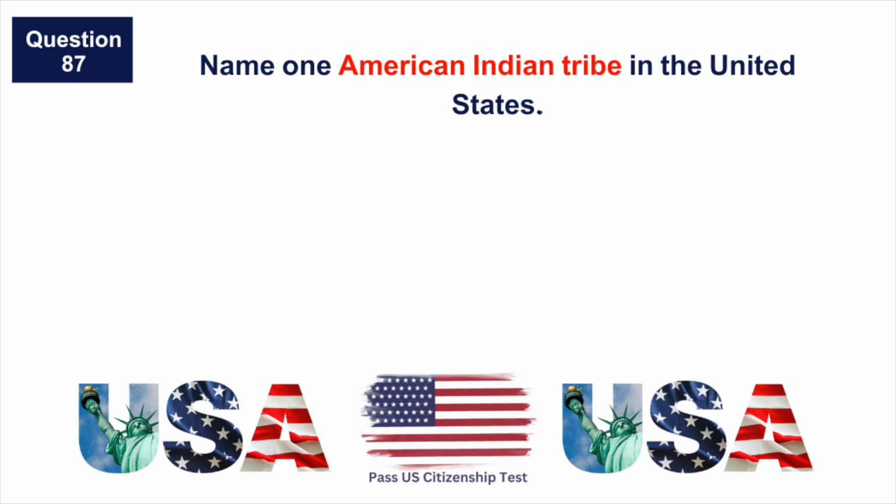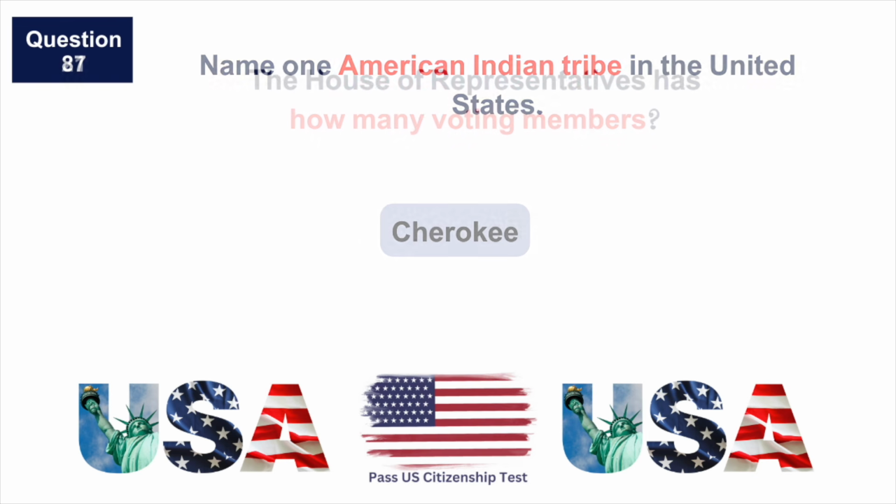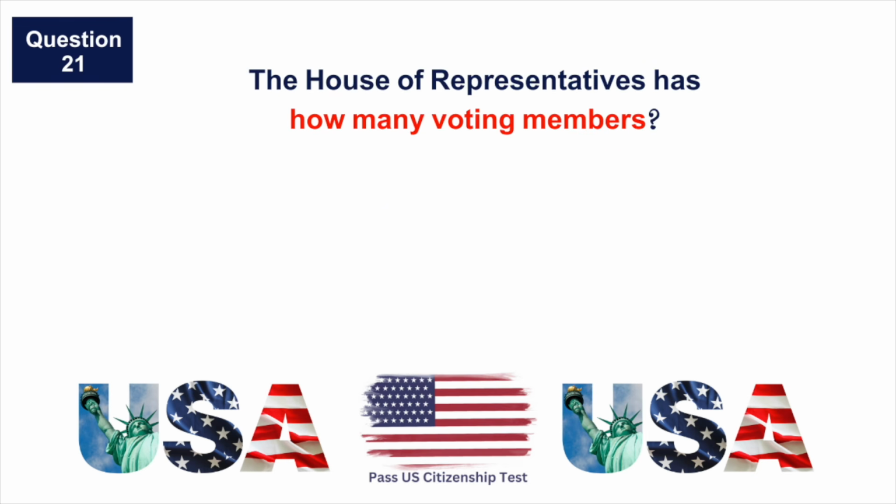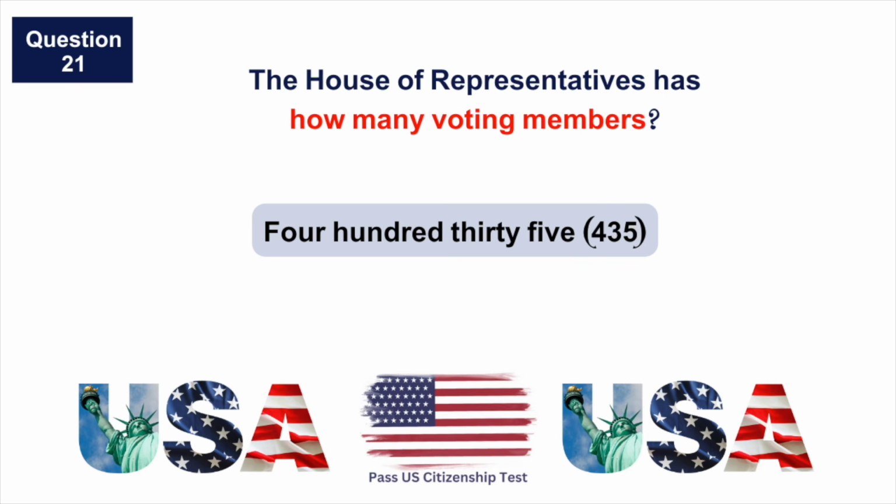Name 1 American Indian tribe in the United States. Cherokee. The House of Representatives has how many voting members? 435.